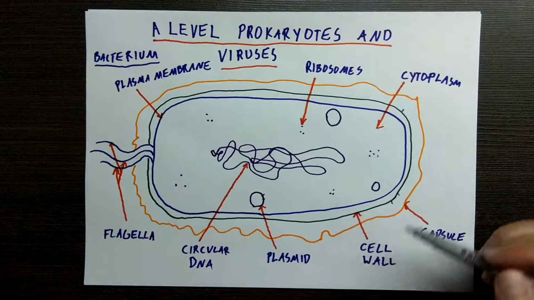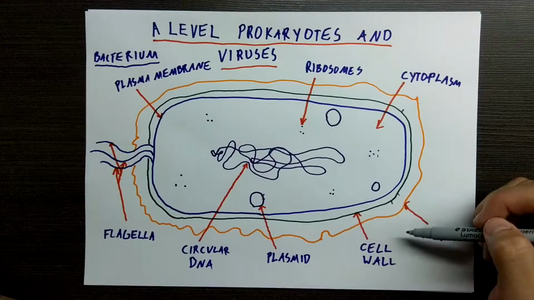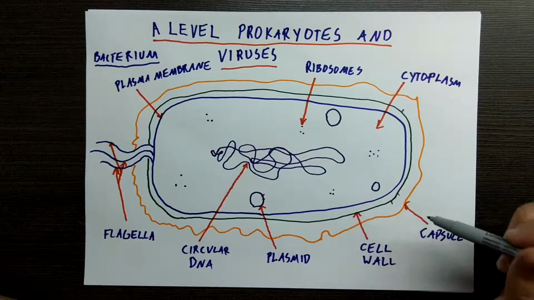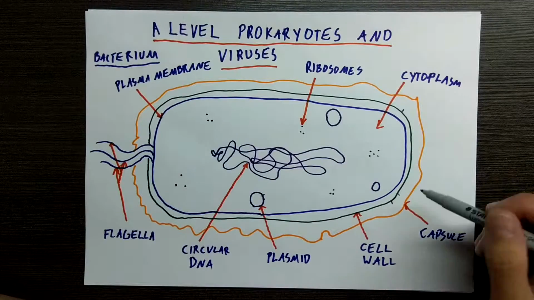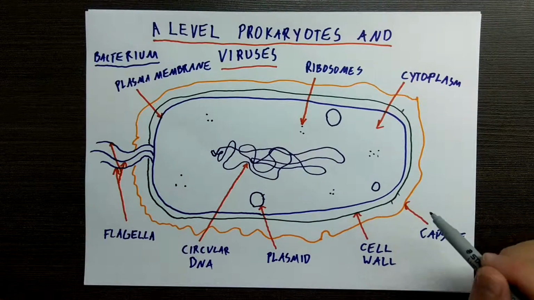So if the capsule covers those little glycoproteins, then the immune system essentially can't see a bacteria. So again, to summarize, the capsule is important for avoidance of the immune system.